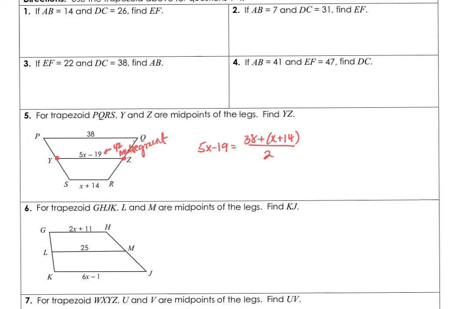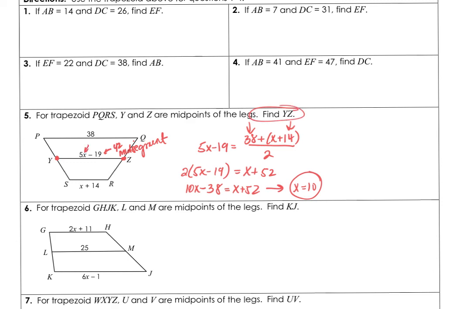All right, so algebraically, we're going to multiply by 2 on both sides. So that's going to give us 2 times 5x minus 19 is equal to x plus 52. I went ahead and added 38 and 14. Distribute to get 10x minus 38 is equal to x plus 52. And if you solve, you should get that x is 10. And to find YZ, we're going to plug 10 right in here for x to get 50 minus 19, or that YZ is equal to 31.